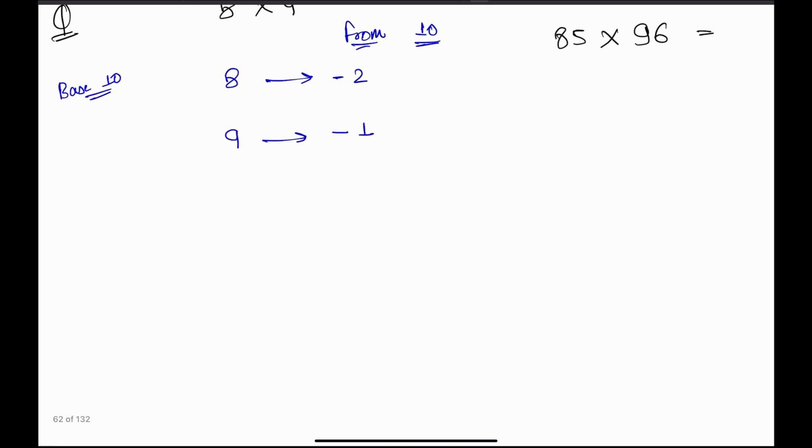Okay, and then our multiplication will start. First of all we need to multiply both of these numbers. So minus 2 into minus 1, that is nothing but 2, right? Minus 2 into minus 1, minus times minus will be positive, it will be 2. And then what we can do is add up any one.